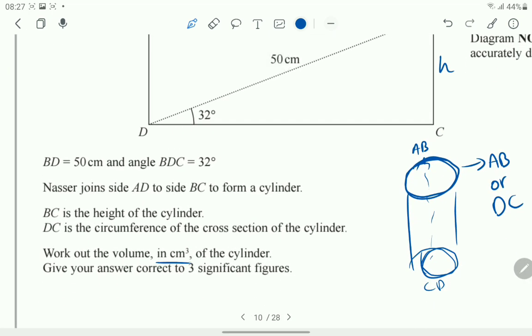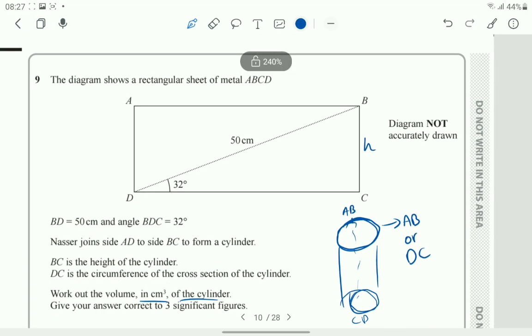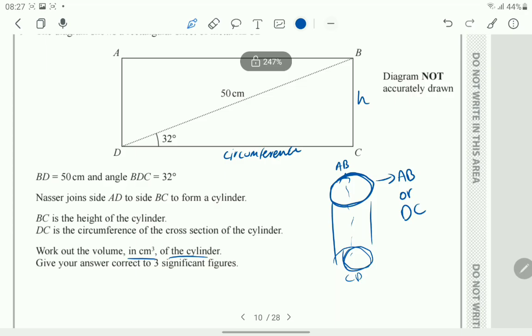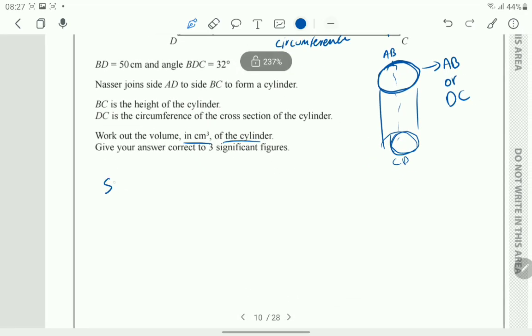Work out the volume in centimeters cubed of the cylinder. Give your answer correct to 3 significant figures. So first of all, let's work out our circumference and height. Since we can see this is a right angle triangle, we can use trigonometry. So sine 32 would be equal to h over 50.